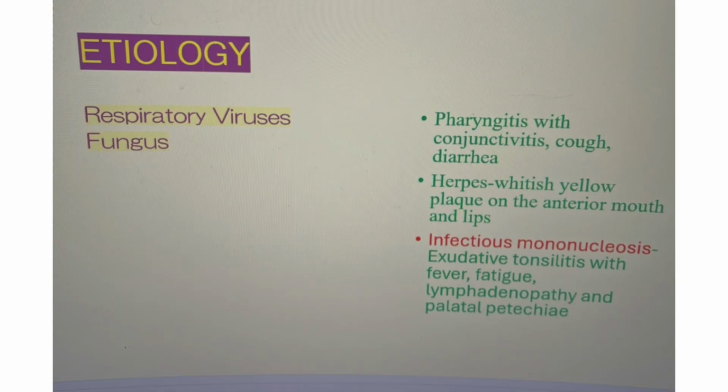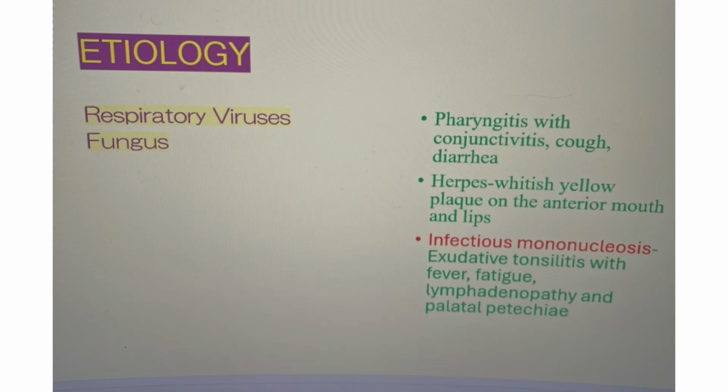Specifically the cough: in viral pharyngitis there will be cough, but in bacterial pharyngitis there will be no cough. Herpes simplex virus can cause whitish yellow plaque on the anterior mouth and lips. That is another sign of herpes simplex virus pharyngitis.